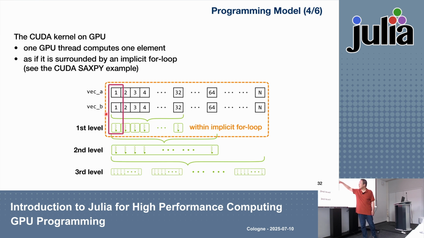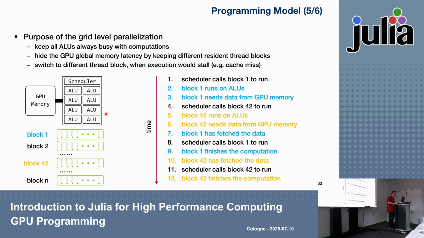Then in total, if you launch this CUDA kernel, it is implicitly surrounded by a for loop so that all the calculation can be done. I fully understand this sounds strange, but this works. This is how a CUDA kernel works.